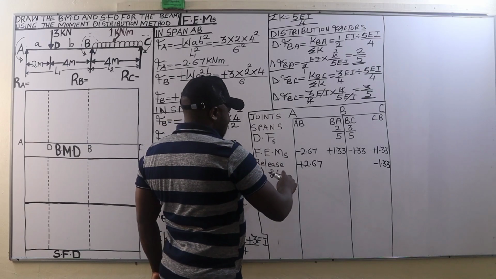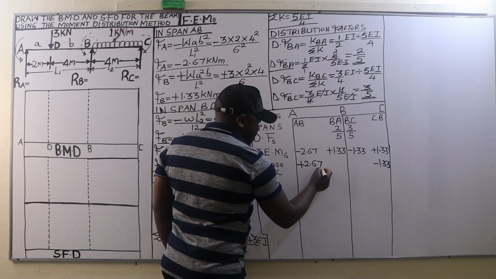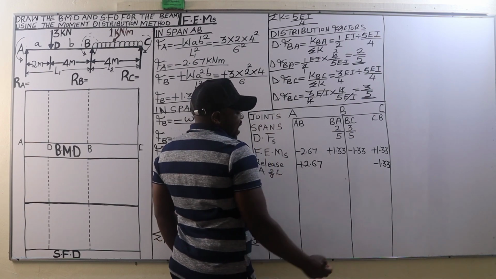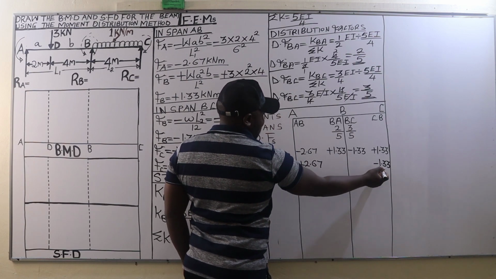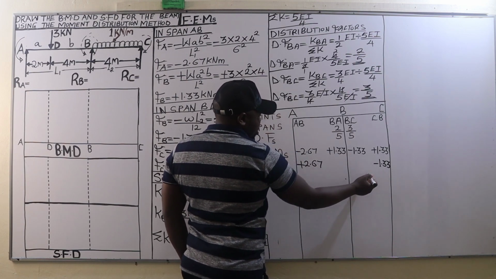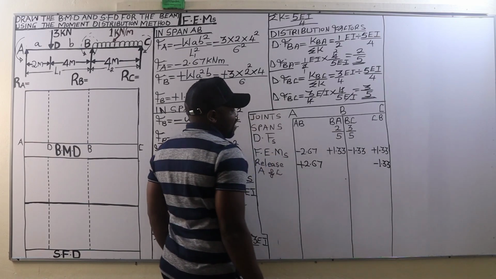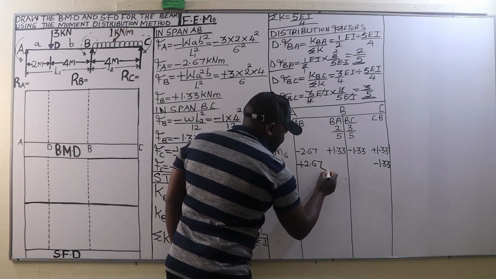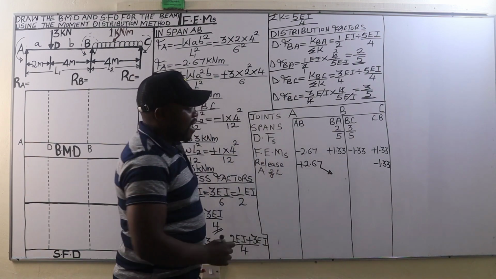Then after we have released A and C, we are going to carry over half of this moment to the joint B on the left hand side, and on the span BC, we are going to carry half of this moment to the joint B. We said in our previous lesson that the carryover factor is always a half.